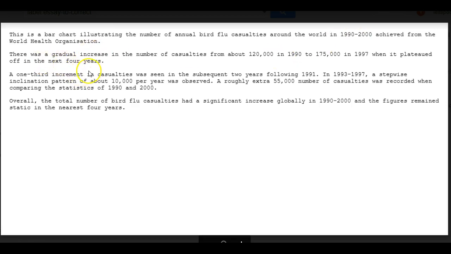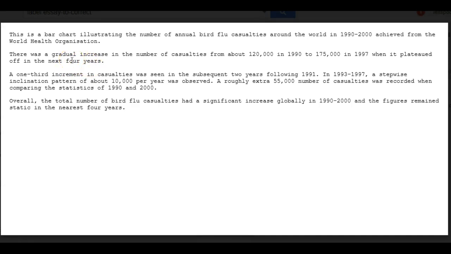There was a gradual increase in the number of casualties from about 120,000 in 1990 to 175 in 1997, when it plateaued. Perhaps we should say here when they plateaued, because it's casualties and it's the number of casualties. When they plateaued, and this has a little mistake here, let's just make it for the next 4 years. And that would be absolutely fine.